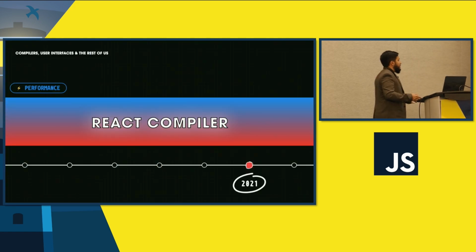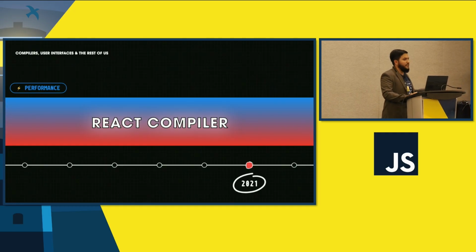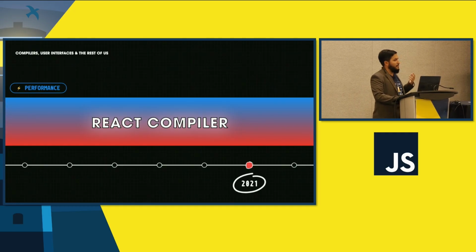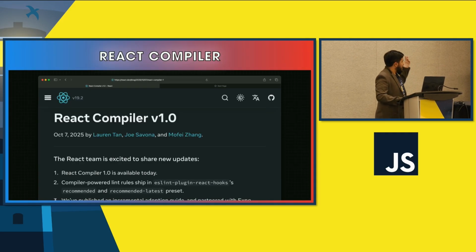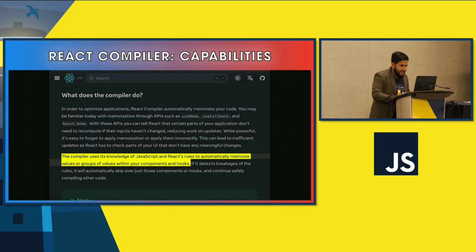A few years before, in 2021, we started hearing a lot more about the React compiler that used to be called React Forget. By the way, a few days ago, it turned into 1.0, so it's now stable.